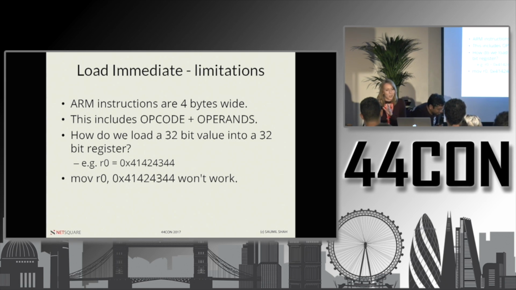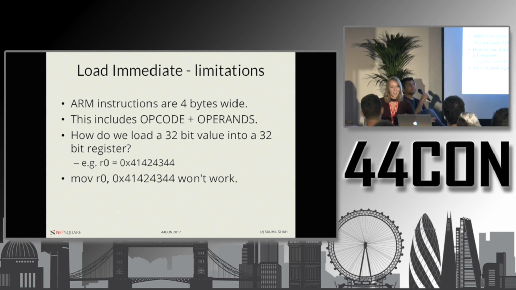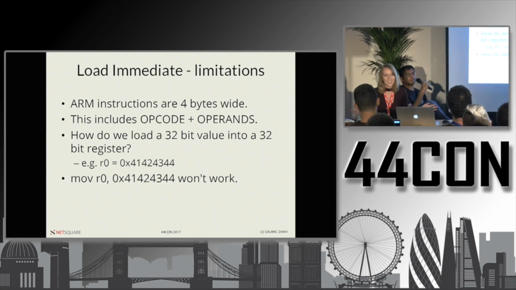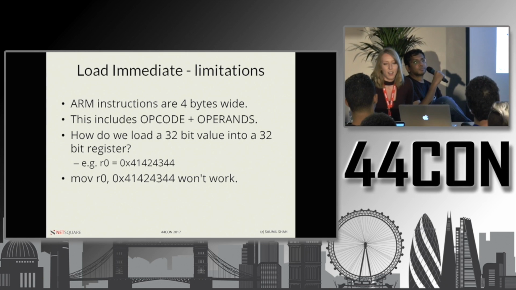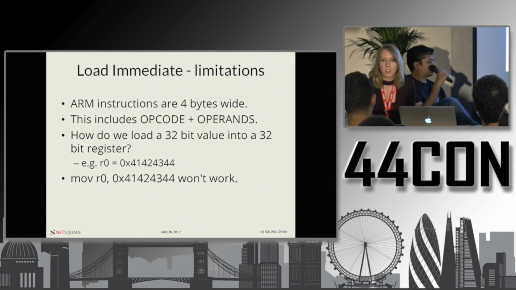We cannot load a 32-bit value into a 32-bit register. It's just not possible. The assembler will complain with an error, something with invalid constant. So if you encounter that, you know exactly what's happening.